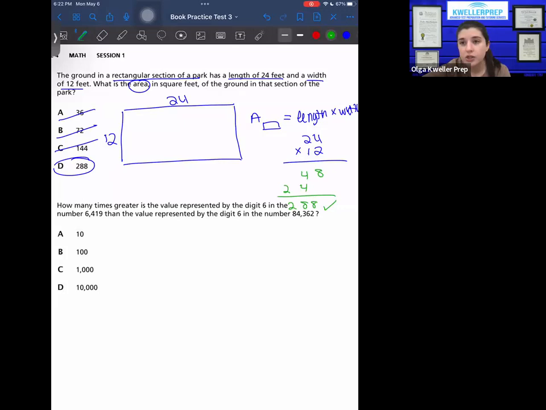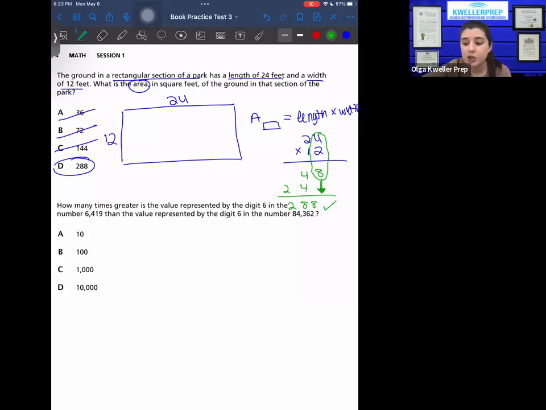Another thing that I usually teach my older kids that I prepare for later types of exams is the unit rule. As soon as I multiply 4 by 2 and get 8, I know that my answer must end with an 8. Whatever all these other digits are, however that changes, I don't know, but I know that my last digit has to be an 8. So just by looking at 24 times 12, I know that I'm looking for an answer that ends in 8.